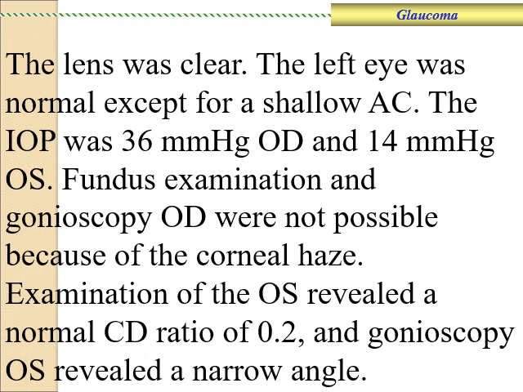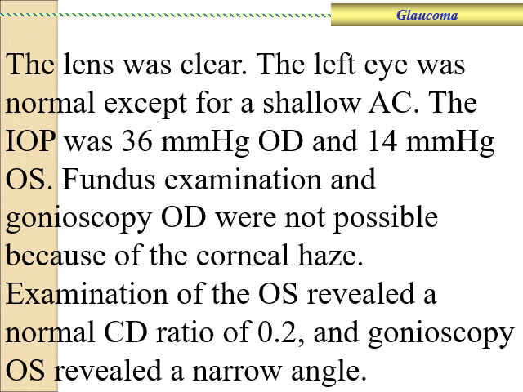Fundus examination and gonioscopy in the right eye were not possible because of the extreme corneal haze. Examination of the left eye revealed a normal cup-disc ratio of 0.2, and gonioscopy of the left eye revealed a narrow angle. What is your most probable diagnosis?